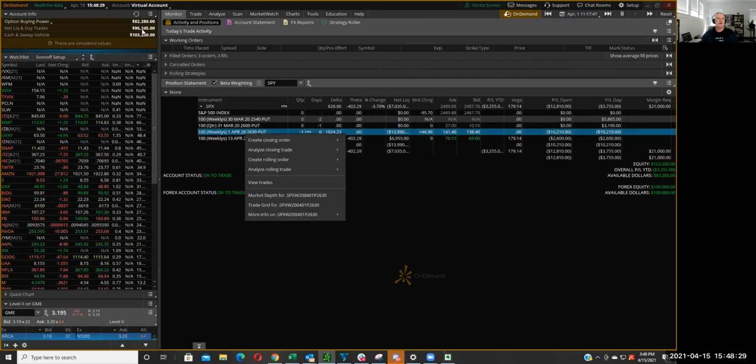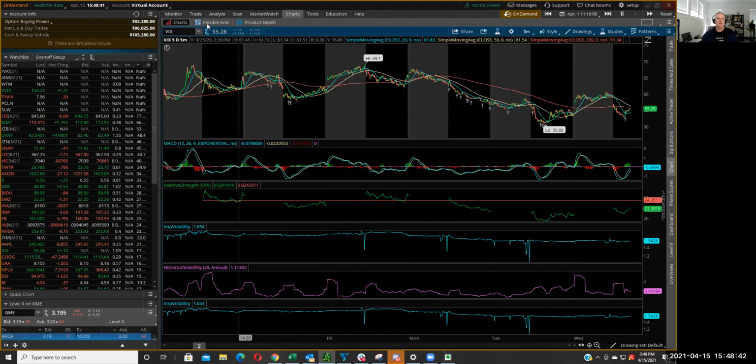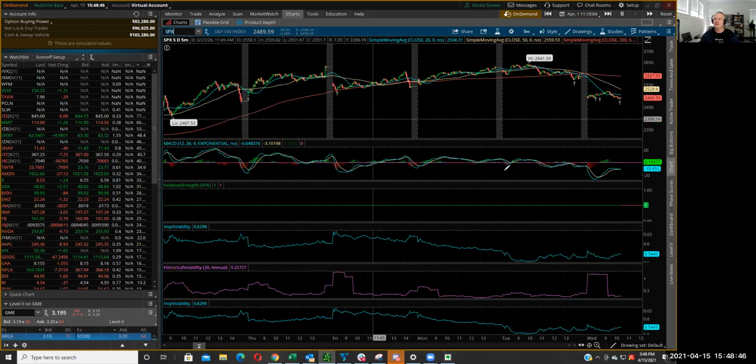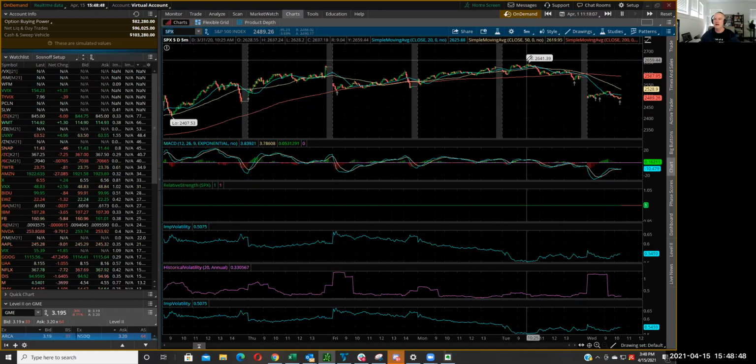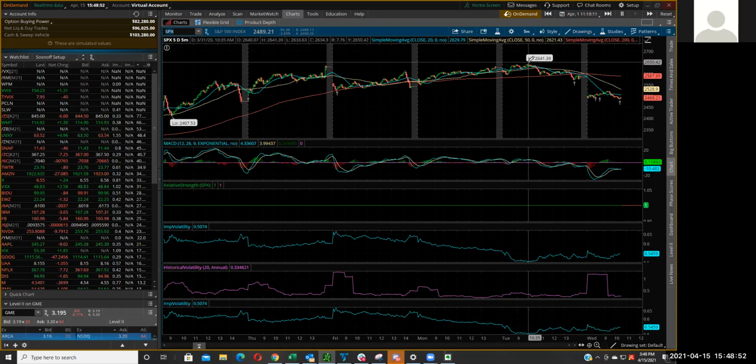So now we're down. I want to show you that there are swings in this trade. Now we're down 3,700. Why? Let's see what's happened to SPX. My guess, it's 2489. So it's gone down from 2647.